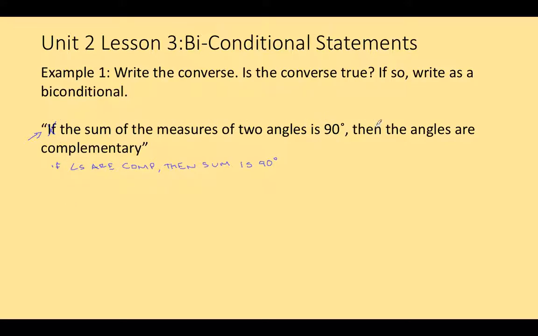Okay, so no ifs, no thens, and we'll just say the sum of two angles is 90 degrees, and then here's the key, IFF, if and only if the angles are complementary.